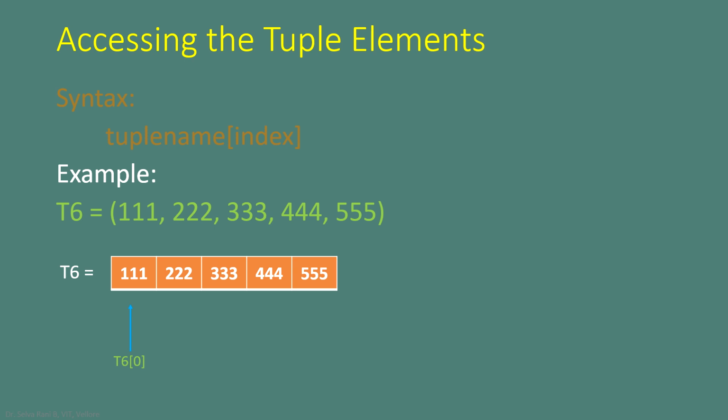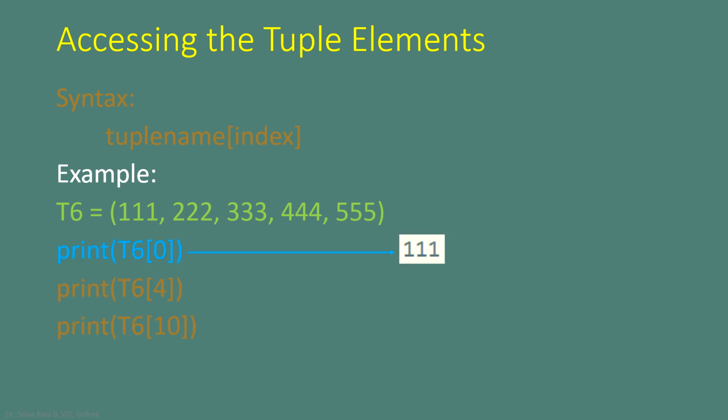Hence to access triple one, we have to use the tuple name T6 and the position inside square bracket, T6 of 0. Similarly, triple two is in position 1, triple three is in position 2, triple four is in position 3, and triple five is in position 4.